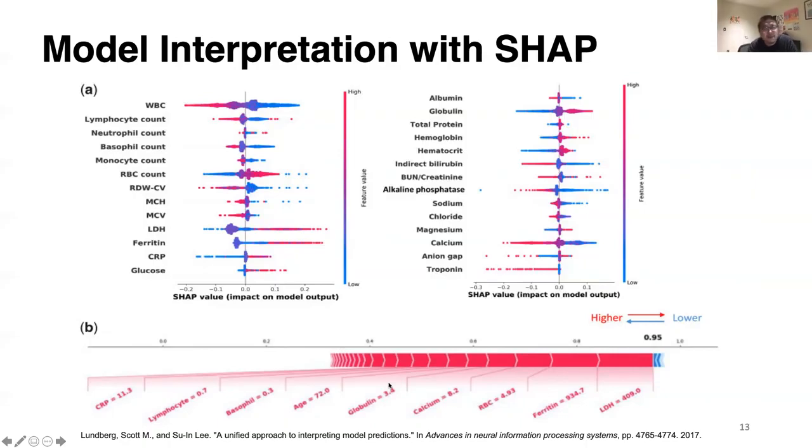And figure B shows an individual whose RT-PCR result is negative, but our model predicts a 0.95 probability that this patient is going to be positive, and the interpretation lists all the factors that contribute to such a high positivity likelihood prediction.